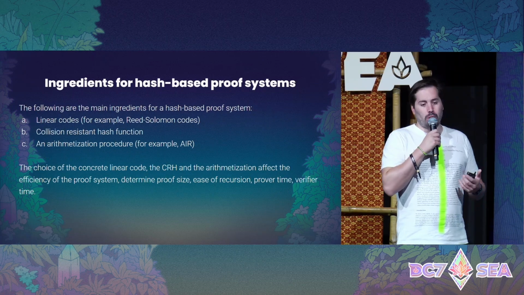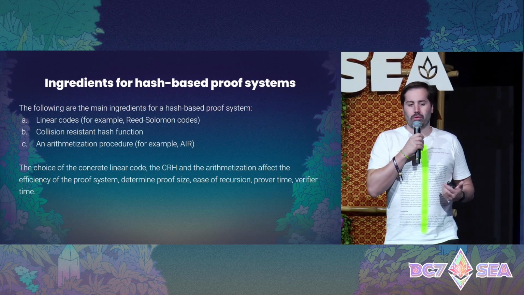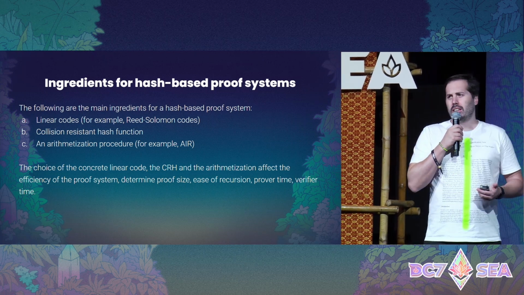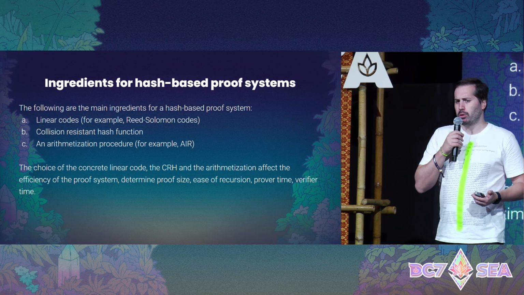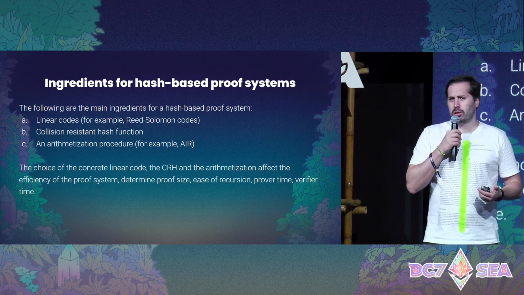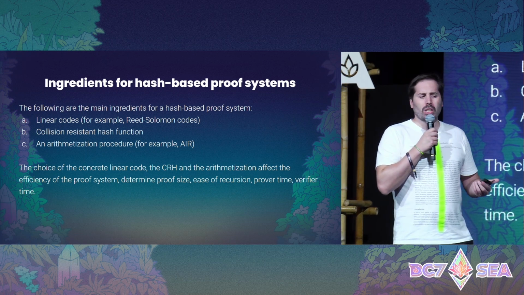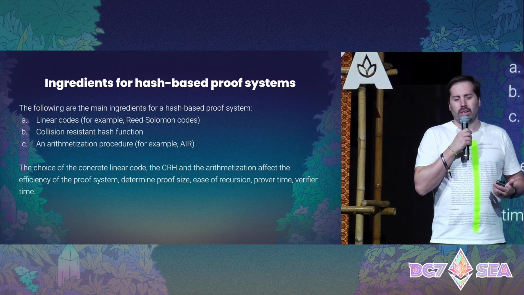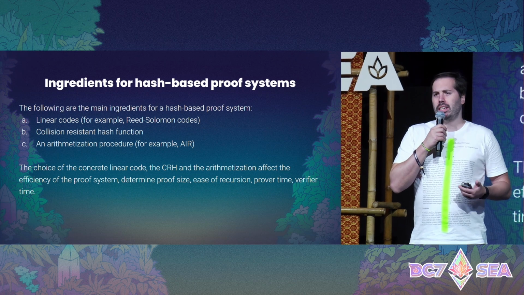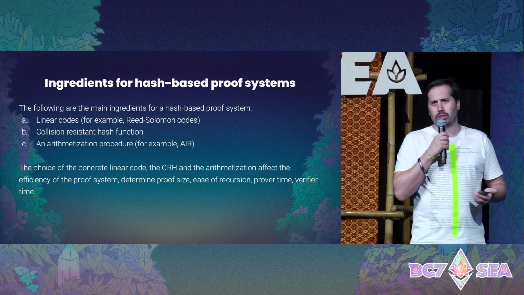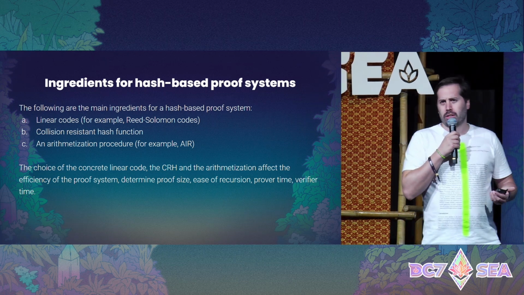Okay, so what are the main ingredients for hash-based proof systems? First, we need linear codes. In general, we are going to use Reed-Solomon codes because there are efficient algorithms for performing the codification. Then we need a collision-resistant hash function, for example, Keccak, but you can use others such as Poseidon 2.